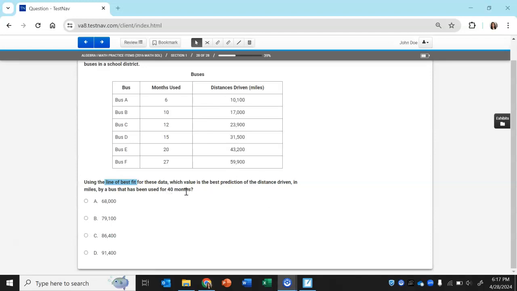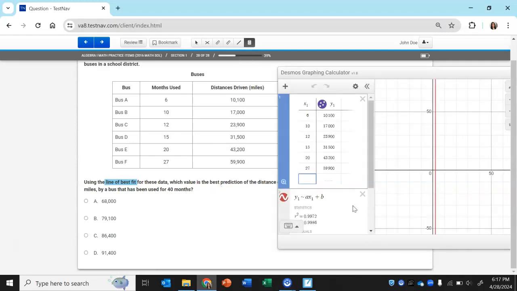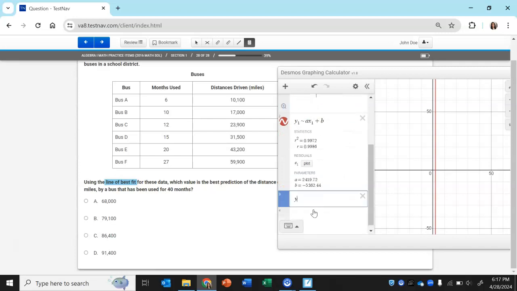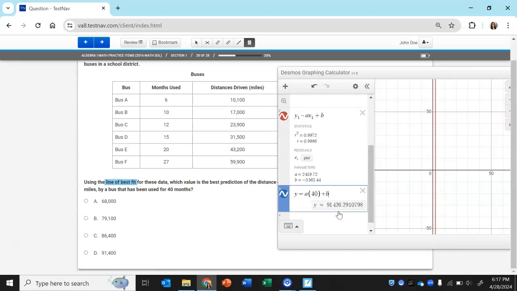Basically we are trying to find what it is for 40. Since I have a and b here, I can say what is y when a times 40 plus b is 91,426. So that's that.